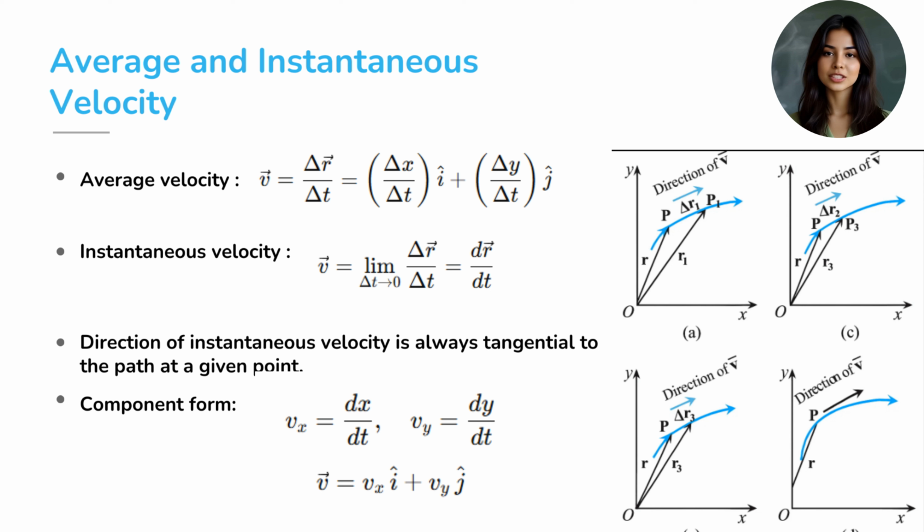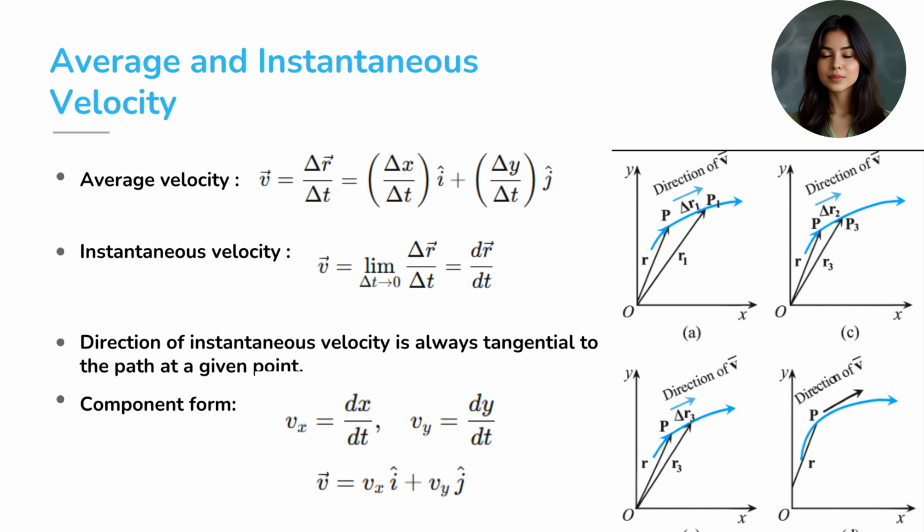Now, to get the instantaneous velocity, that is, the velocity at a precise moment, we take the limit as delta t approaches 0. This gives us the derivative of position with respect to time, v equals dr divided by dt. It's important to note that the direction of the instantaneous velocity is always tangent to the object's path at any given point.